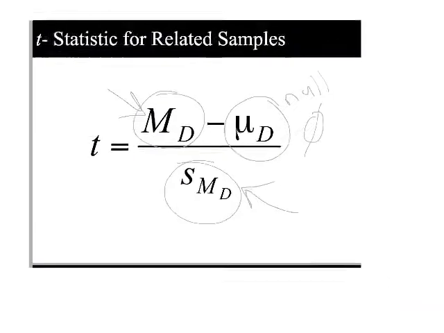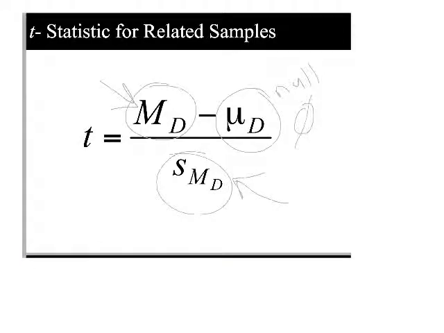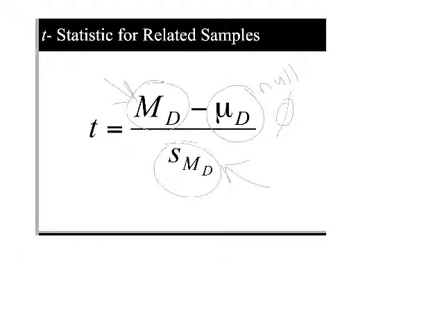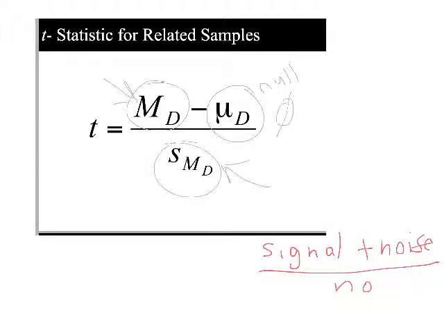And as I described previously, conceptually, the difference score reflects potentially signal and maybe some noise, and the error term represents noise, right?